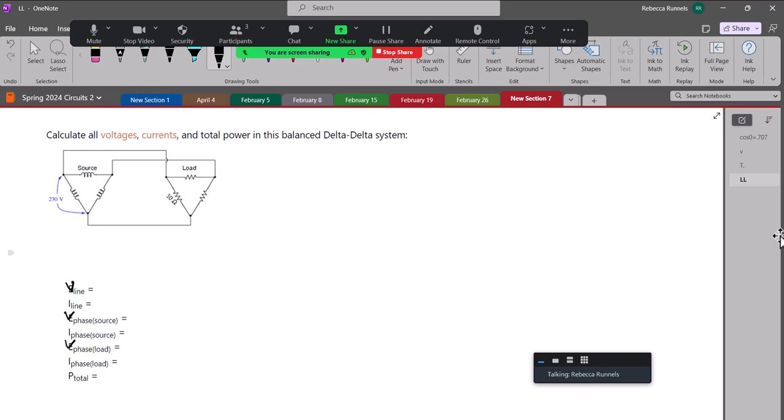So if we look at the source and the load and how they're connected to each other, we can see that those voltages have to be the same. And so the phase voltage of the source has to equal the phase voltage of the load. Now, do we know the phase voltage of the source? It's 230. That's the one that's given.